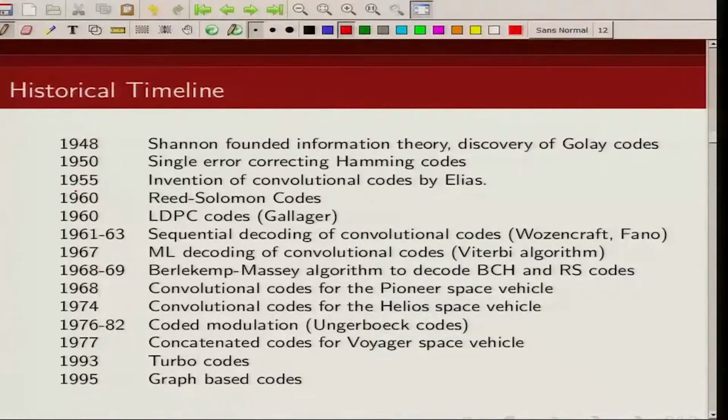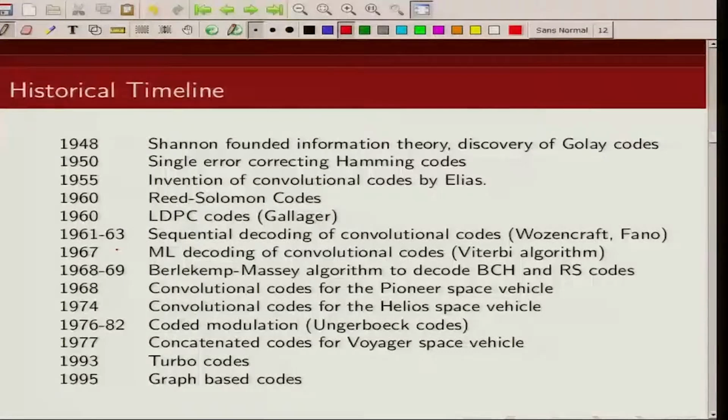Around the 1960s, Reed-Solomon codes and LDPC codes were discovered, and around 61-63 Wozencraft and Fano came up with sequential decoding of convolutional code, which allowed us to decode convolutional code with very large memory order. Around 1967-68, Viterbi's algorithm for maximum likelihood decoding of convolutional code came, and then around 74 the BCJR algorithm was proposed.